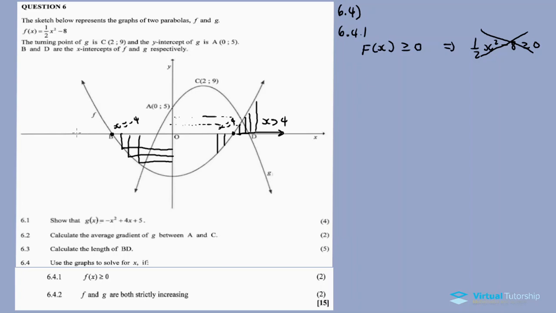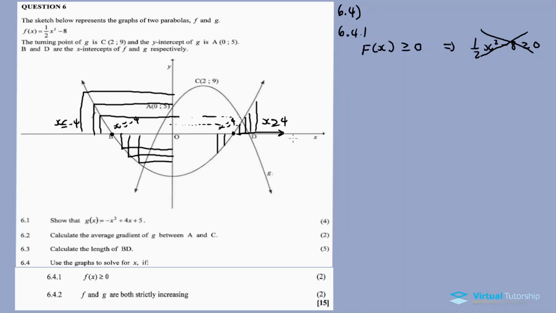So if I go to the left-hand side of -4, I get a positive y value, going to the left, positive y value, going to the left, positive y value. So whenever x is less than or equal to -4, I get a positive y value.